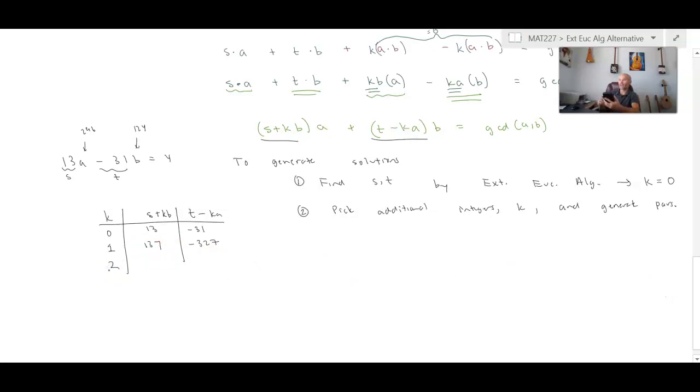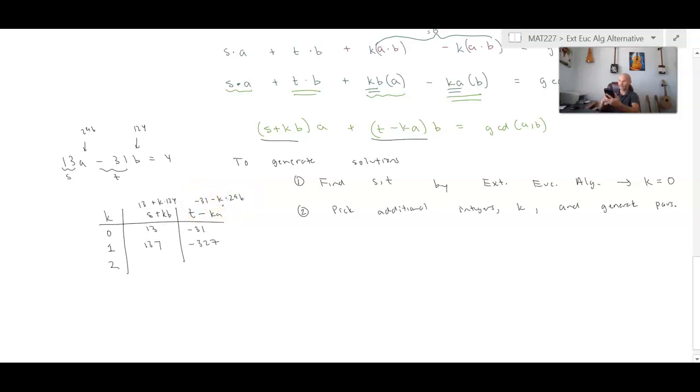I can now do s plus kb, so 13, maybe I'll write that out up here. This is really just 13 plus k times 124, and this here is negative 31 minus k times 296.